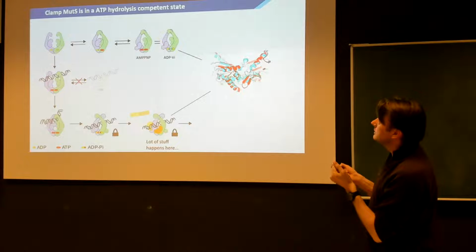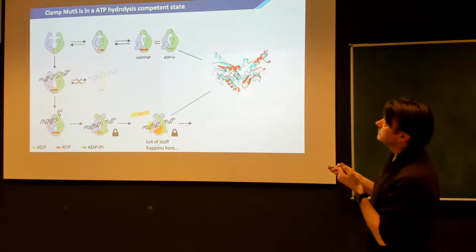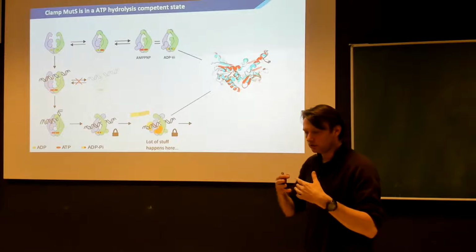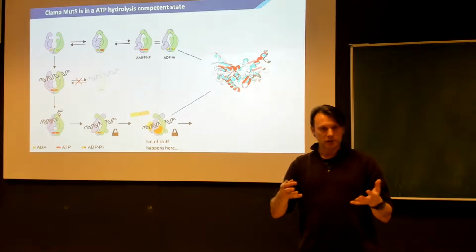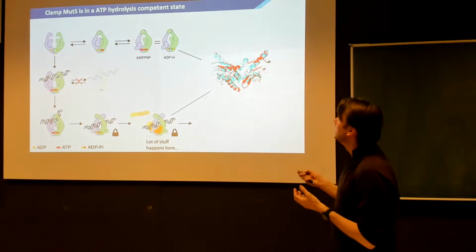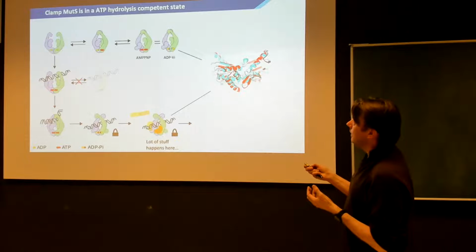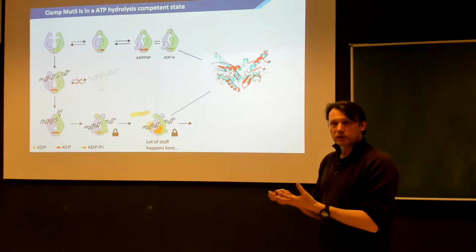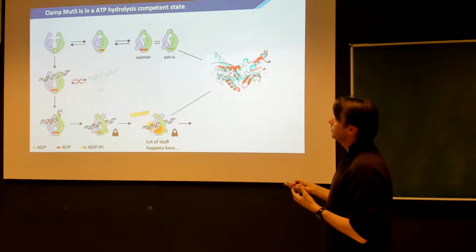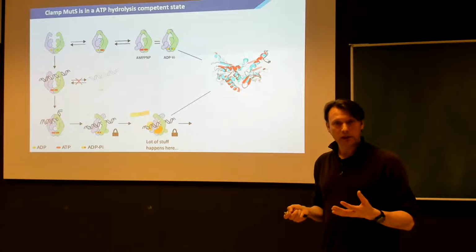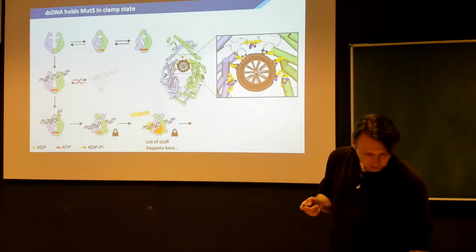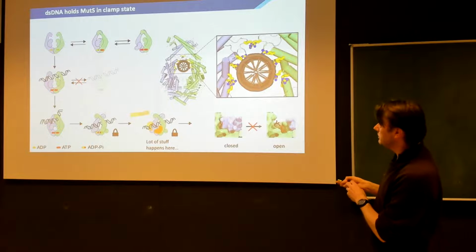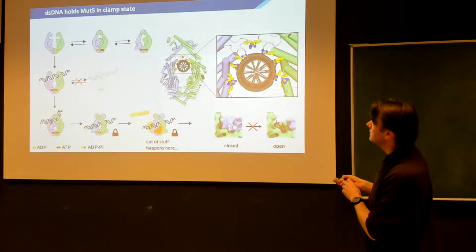But when we compared another structure we did, which is with ADP vanadate, which is a transition analog that shows what the molecule looks like just after it's cleaved off the lost phosphate, and we compare this structure after hydrolysis compared to that one, they're identical. So while it's on the DNA, in this clamp state form, it can hydrolyze ATP, but it cannot release it. So it is stuck on the DNA because it's closing the active site.